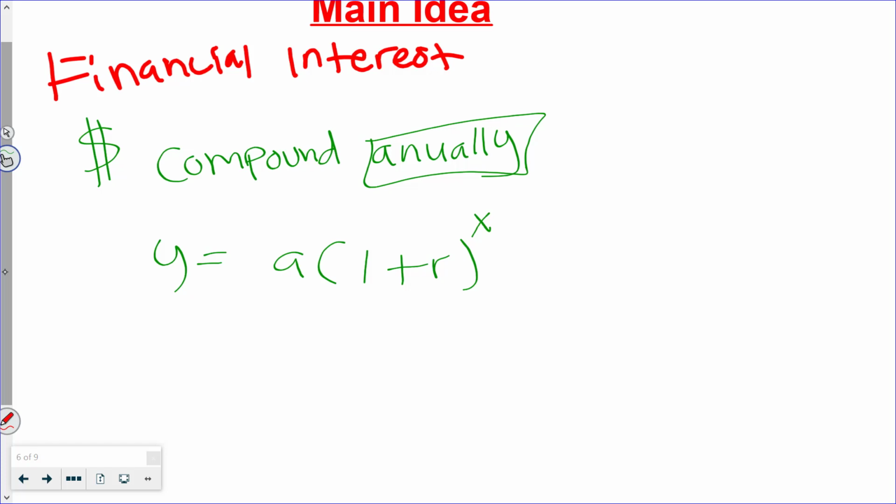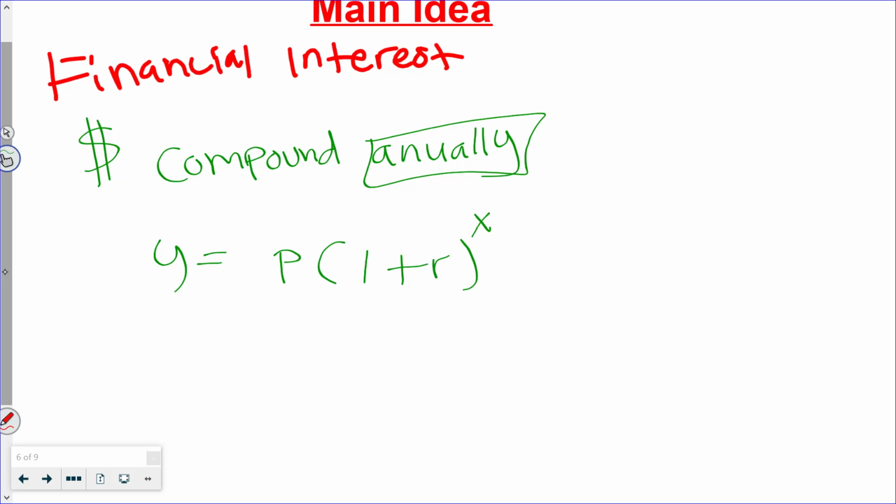The only difference is when we're talking about financial interest, instead of A, you may see the letter P used instead of A. P just means the principal. It's still the same formula, they just use different variables. Sometimes you'll see P, sometimes you'll see A. It's the same thing.